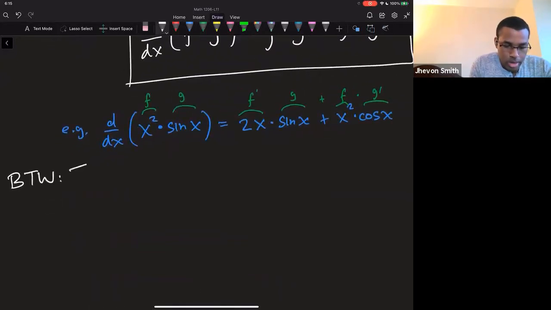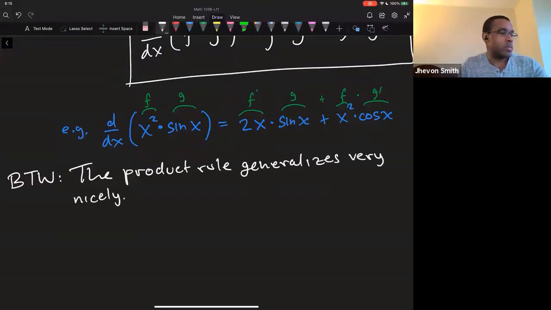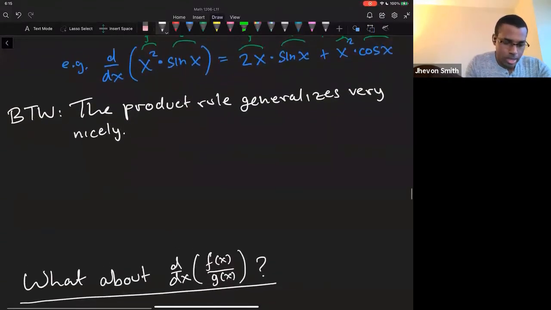By the way, the product rule generalizes very nicely. There's a very straightforward way to think about it.